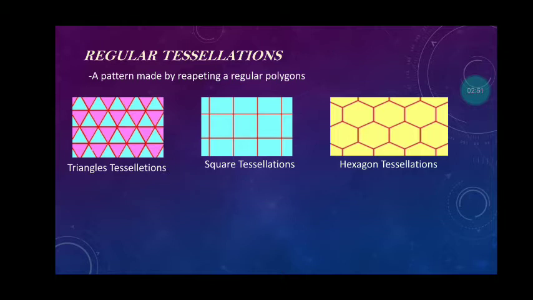The square goes straight, vertical and horizontal, but the triangles and hexagons are different. This is what we call translation, a geometric transformation that moves every point of a figure or a space by the same distance in a given direction.